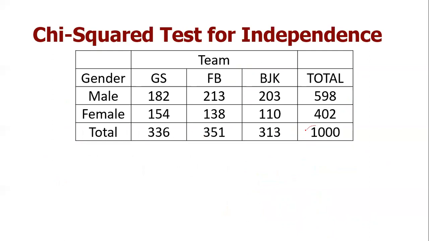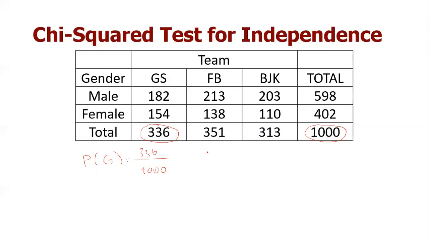I have 1,000 people, and 336 of these guys are Galatasaray. So the probability of G is equal to 336 divided by 1,000. So the probability that a guy is a Galatasaray fan is simply the number of observed Galatasaray fans divided by the total number of people.